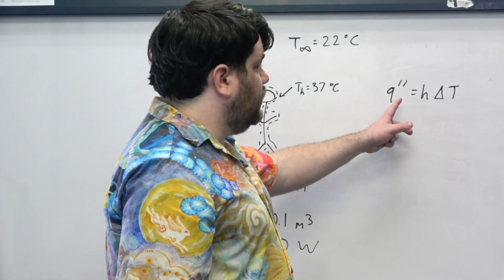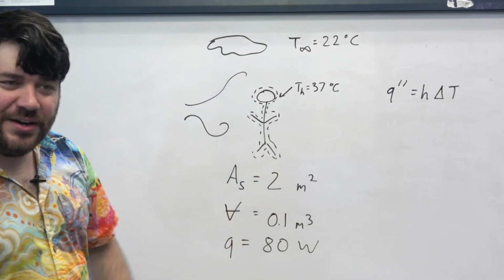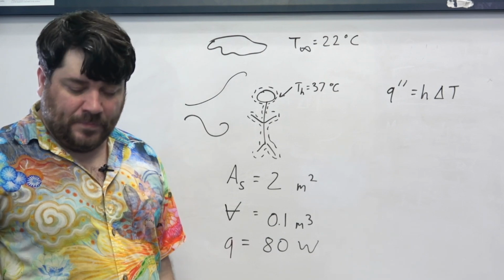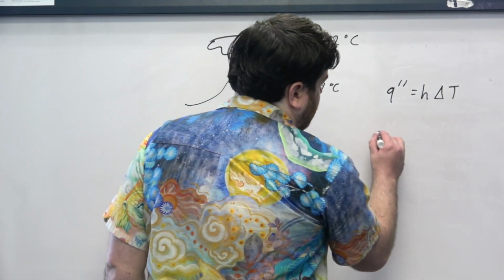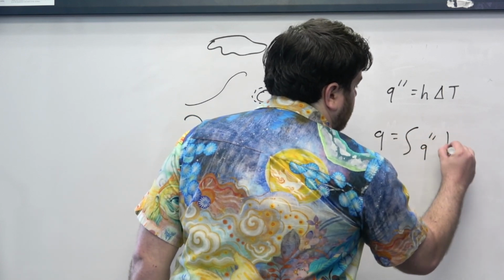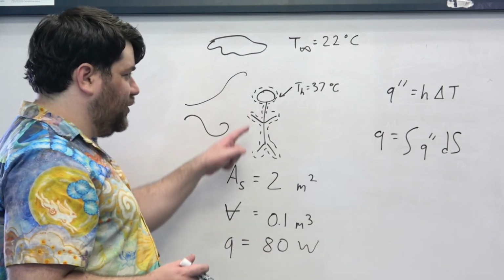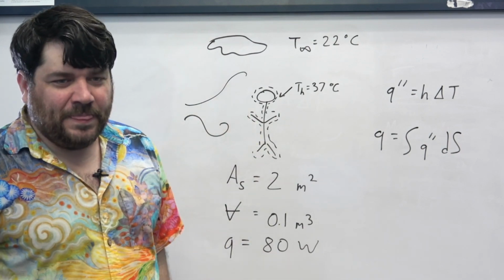Well, we have to understand how we relate this Q double prime to the heat transfer rate that we do know. And I'll just remind you that Q, the heat transfer rate, is just the integral of those heat fluxes over the surface area that we're considering, right? Over the surface area, the boundary of this object.